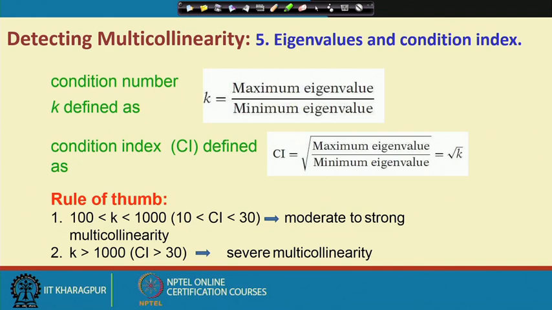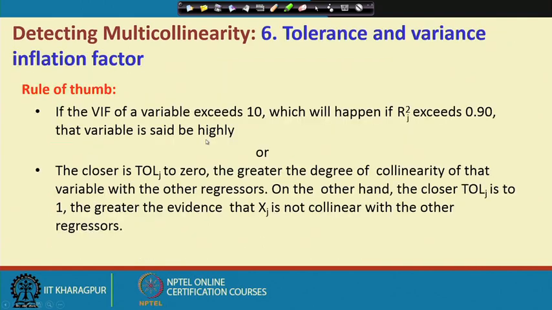When k moves between 100 and 1000, it moderately exists, but when it crosses 1000, then it is severe multicollinearity, like VIF. Once VIF crosses 10, then this will be a severe problem. If it is under 10, then it will have less problem for prediction and forecasting.